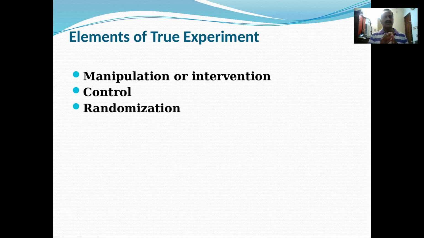So the room temperature you are changing, that change given by the researcher, we call an intervention. For example, you make the room temperature 20 degrees Celsius, which is the independent variable, and see how effectively they are learning, the readiness to learn. Then you make the temperature 25, then 30, 35, 40, 45 and 50, and you measure the readiness or effectiveness of learning at each temperature. So this is the intervention.